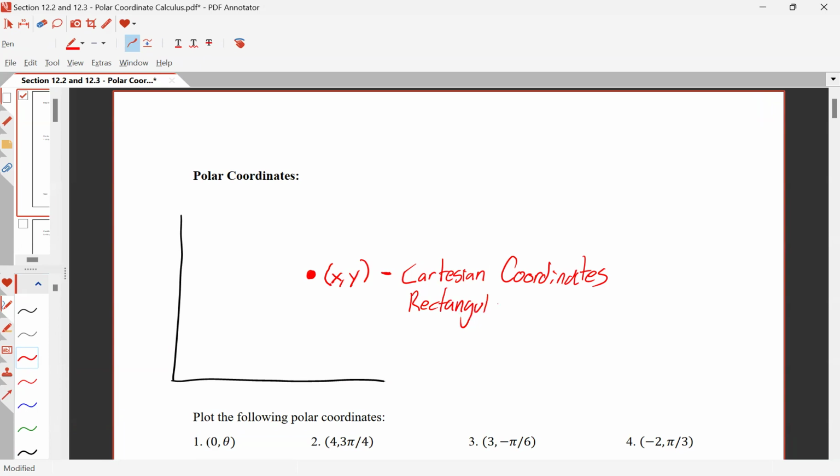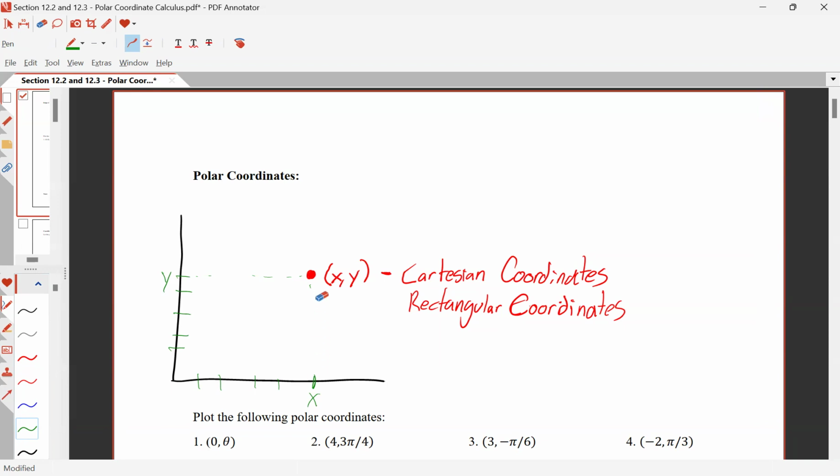We know that the point XY is referring to the distance on the X-axis out in some direction and Y up in another. And that's how we have named off the rectangular coordinates.